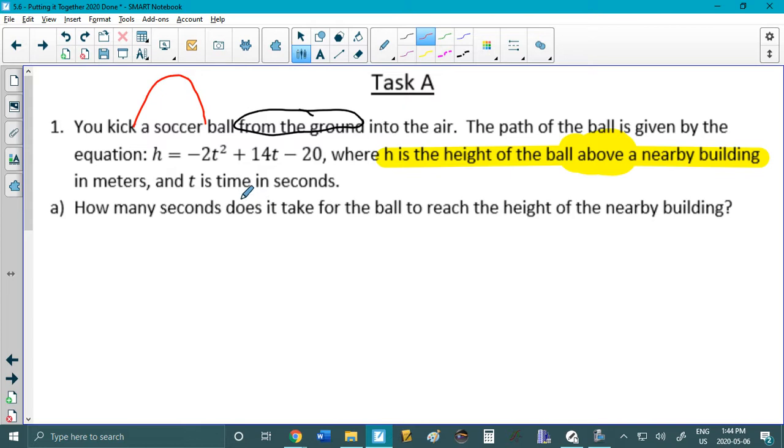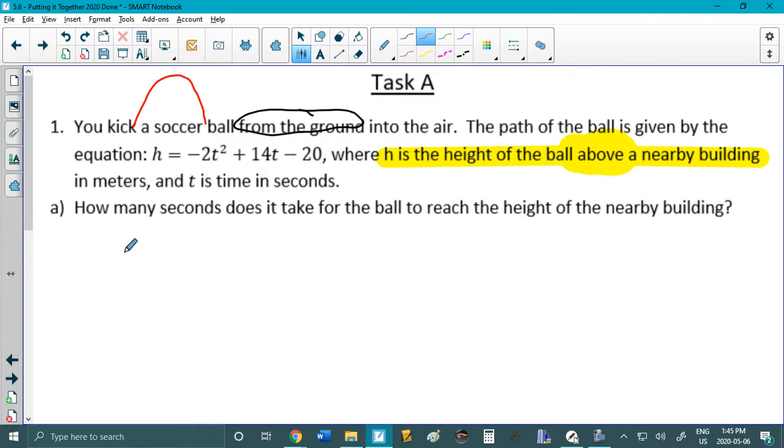Put a 0 here and a 0 here, what's the height? At time 0, these would cancel out and the height would be negative 20, which means at the beginning, our height is negative 20 meters above the building. And if we're negative 20 above the building, we're actually 20 below.